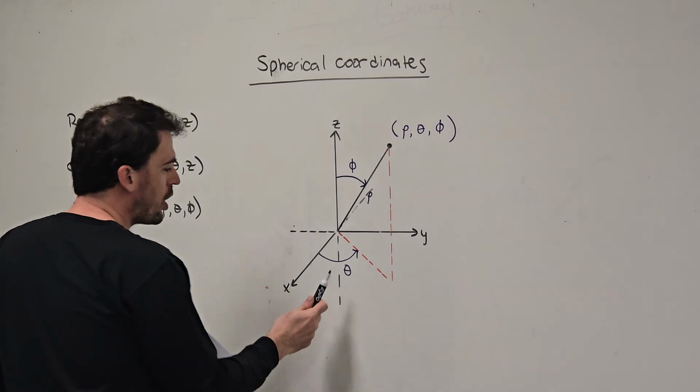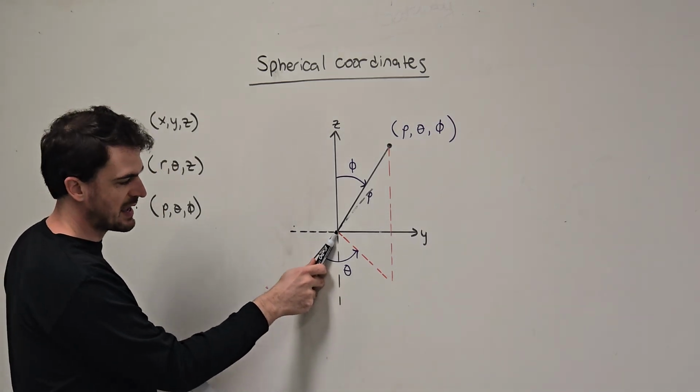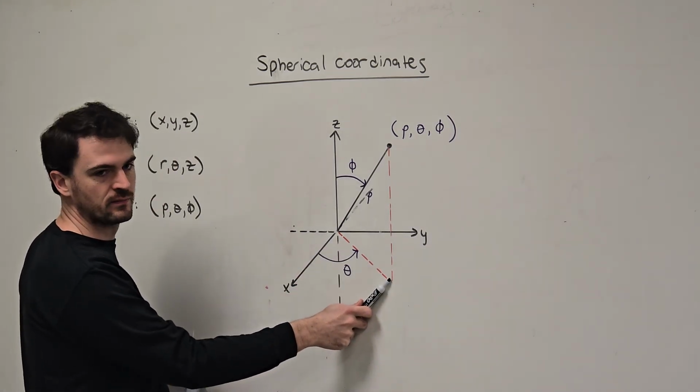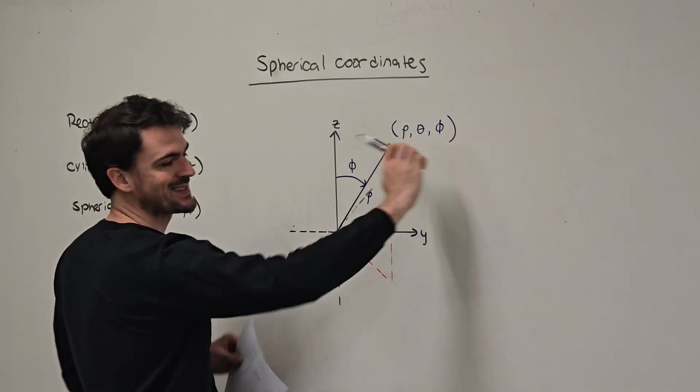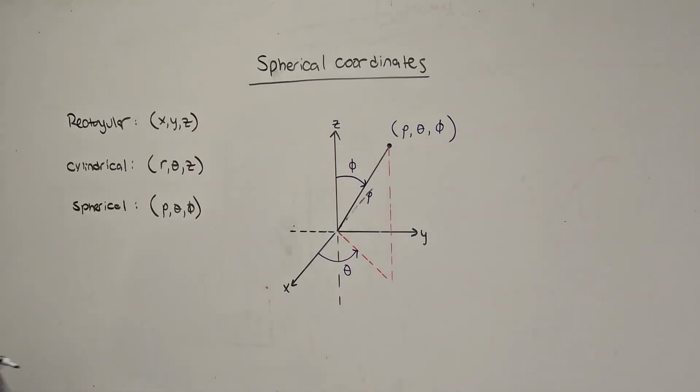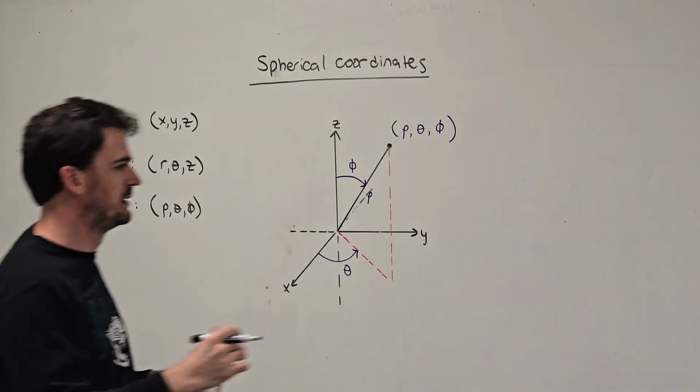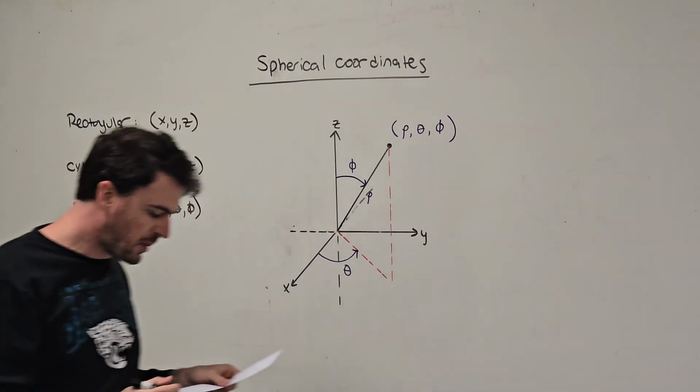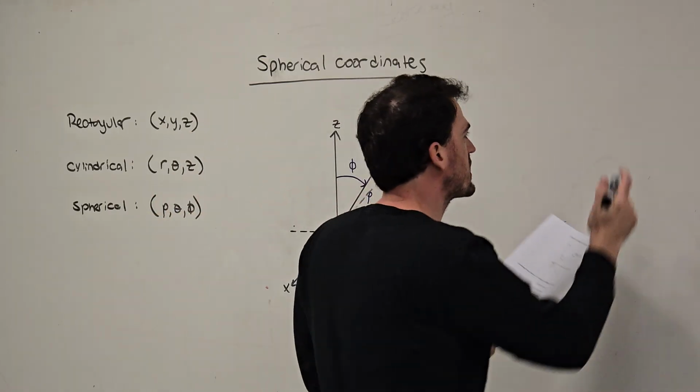So what we were calling R in cylindrical coordinates is now this line here. This one? Yeah. That is Z. So looking at our toolbox here, we have different ways of converting.